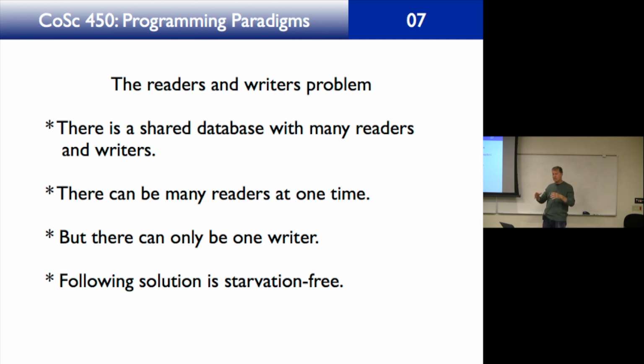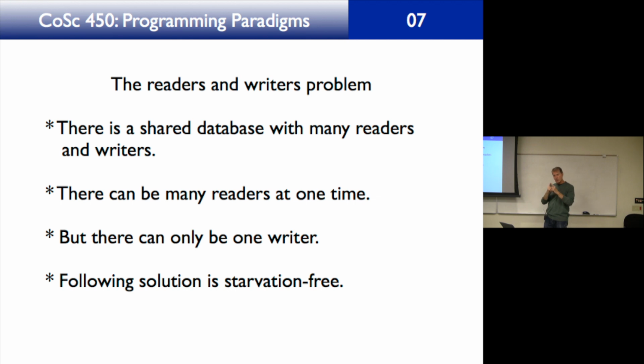But then you have another concurrent process that wants to change the content of the database. Change the content of the book. You can't have people pulling information out at the same time it's being changed. So there can be many readers at one time, but there can only be one writer at a time.